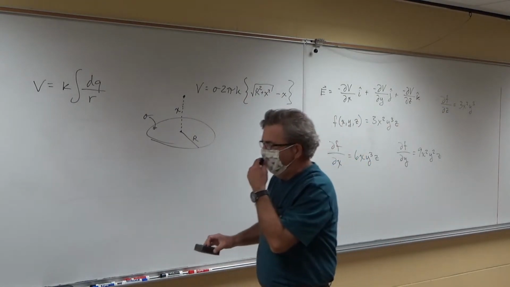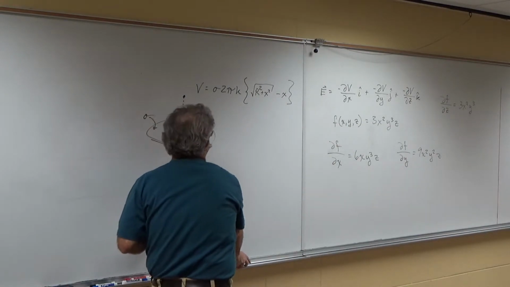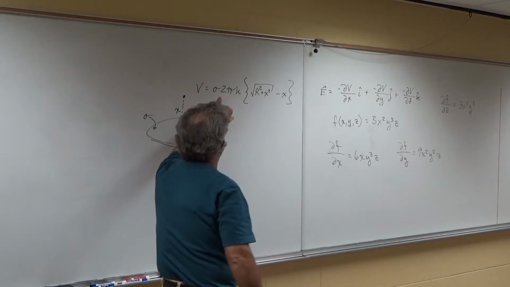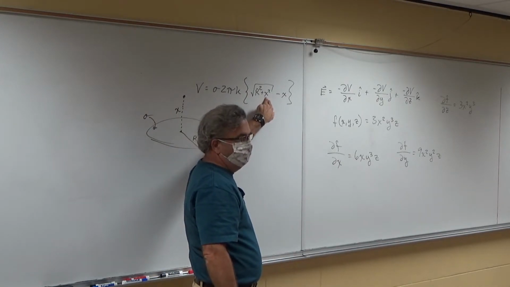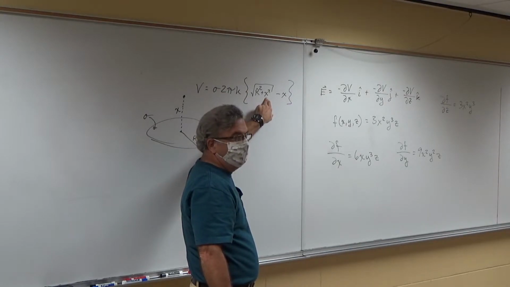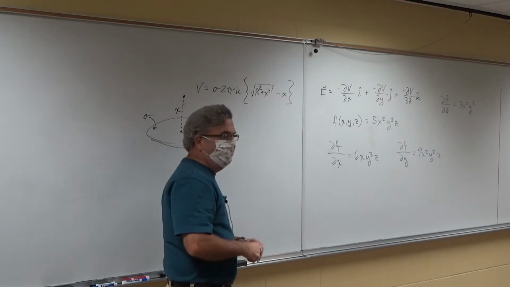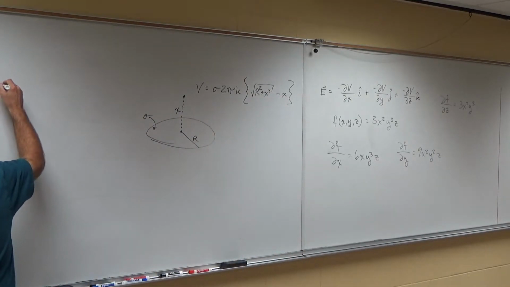Based on that idea, since I have an expression for the potential with respect to the x variable, I don't know anything about y and z. We didn't calculate that. But I can calculate the electric field based on this.